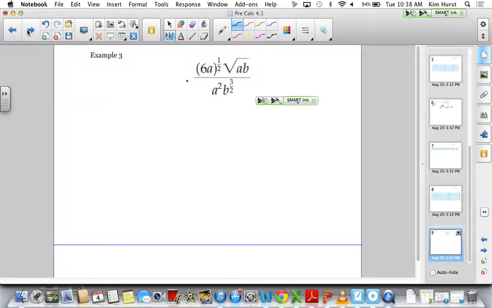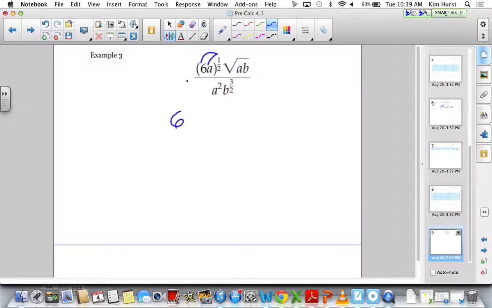Okay, example 3. Now, I actually do not have a practice problem 3. We're only going to go through example 3. Now, this is what happens when we have problems all built within each other. All right, so there's all kinds of radicals and rational exponents and all kinds of things. So I'm going to change everything to rational exponent, and I'm going to actually put each exponent on each piece. So you'll notice here, this 1/2 goes to both the a and the 6.